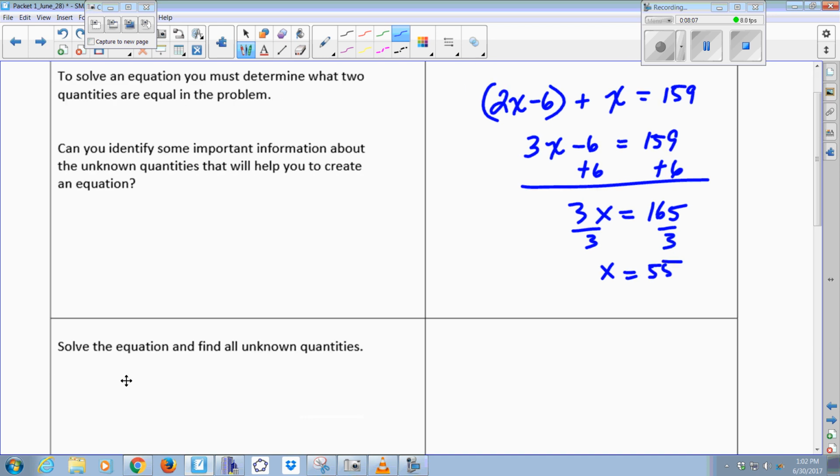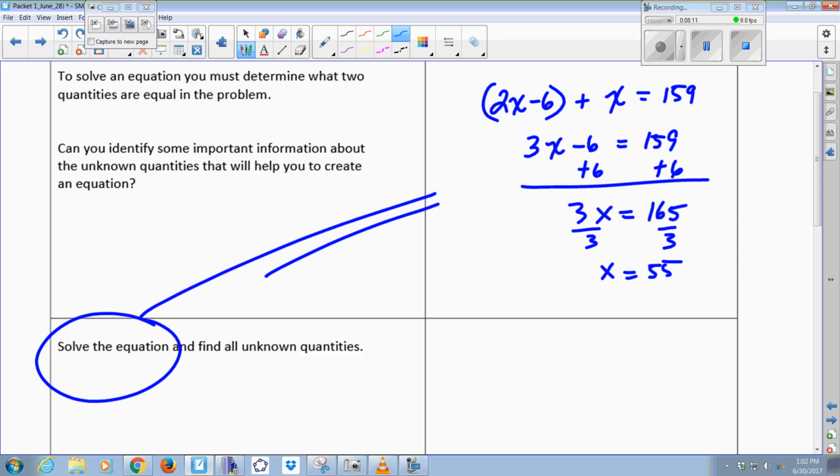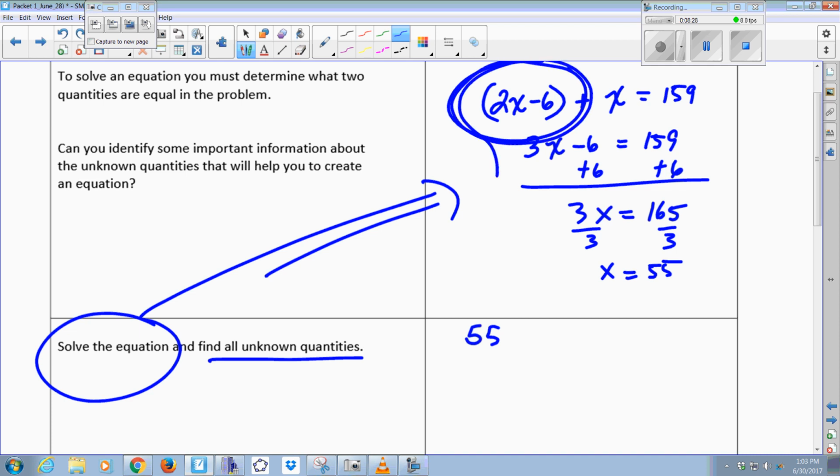So now I've just solved the equation, and I have to find all unknown quantities. So x is the number of concussions for the starters, and to find the number of concussions for the backup players, I have to follow this expression.